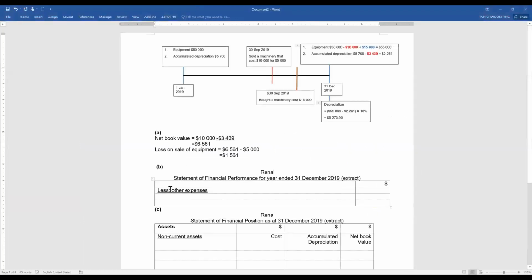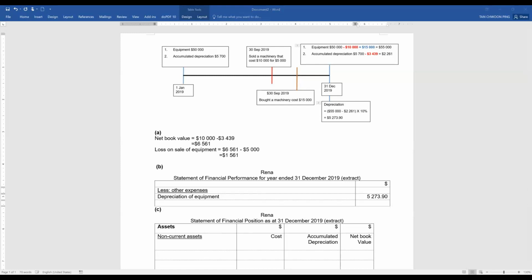Okay, so what happened is if you want to do this extract, we are going to write down, okay, in this case, your depreciation of equipment, we have already calculated. In this case, the depreciation of equipment would have been 5273.90. Okay. Other than that, what else do we need to put into the performance extract?